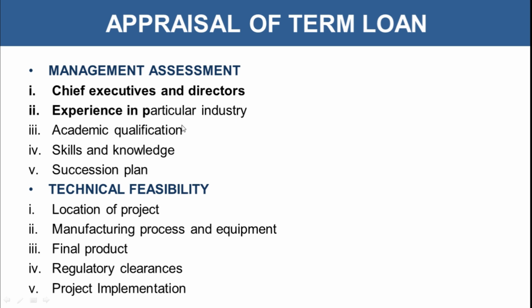Their experience in particular industry. So the industry in which their business is existing, what all experience those management people are having in that particular industry, that counts a lot because their experience would help them in running the business smoothly over a period of time. Now their academic qualification should match with that particular sector, with that particular work.